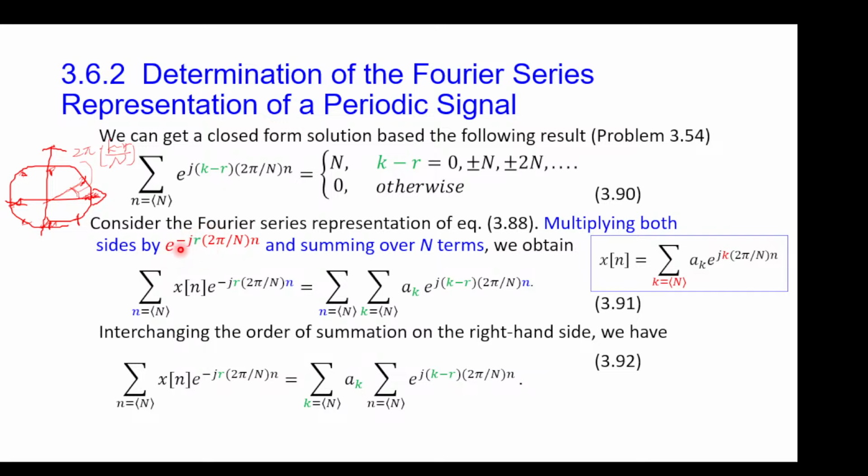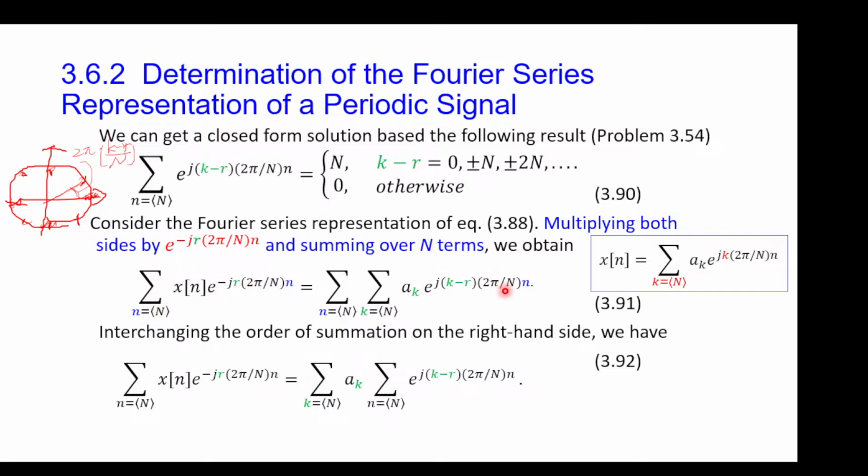So we multiply by e to the minus j r omega naught n on both sides. In the continuous case we do integration, and in the discrete case we do summation, summing over small n over one period, so big N items.